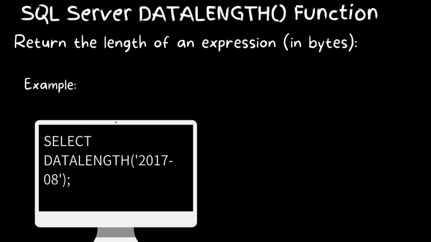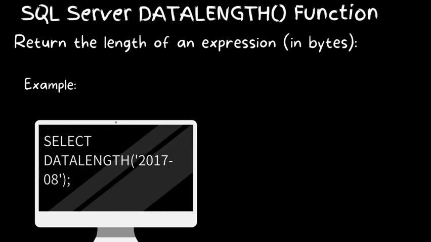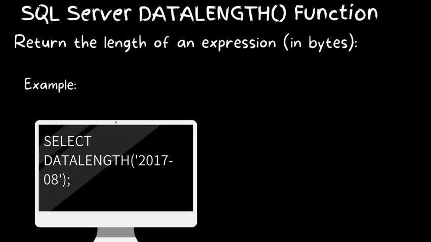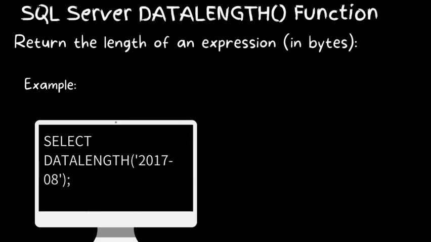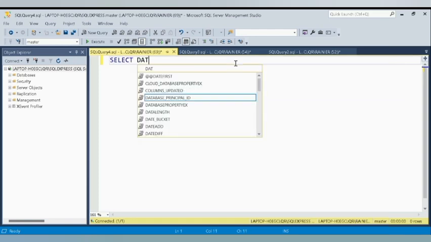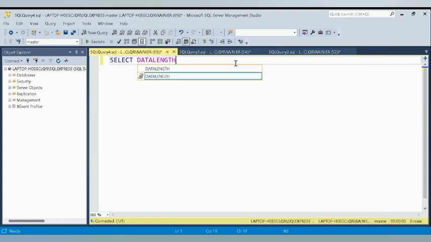But what if you use a dash in the expression instead of spaces? For an example, select DATALENGTH('2017-08'); semicolon. Select DATALENGTH, open and close parenthesis, single quotes, 2017-08, then execute.